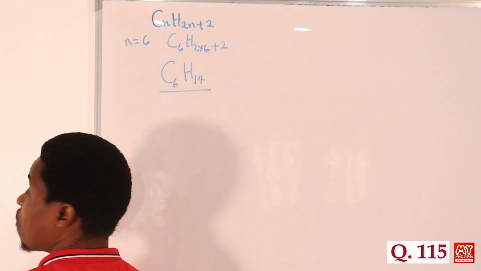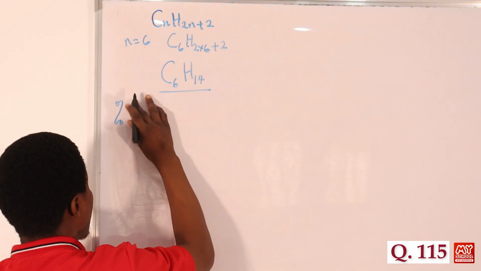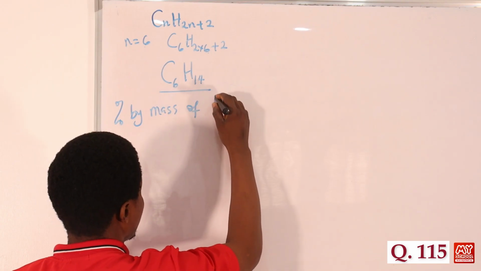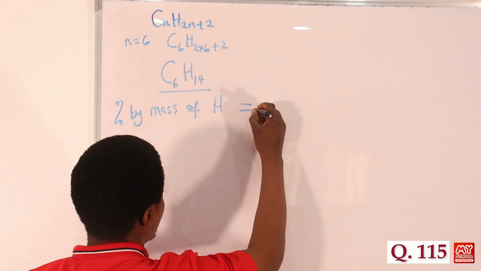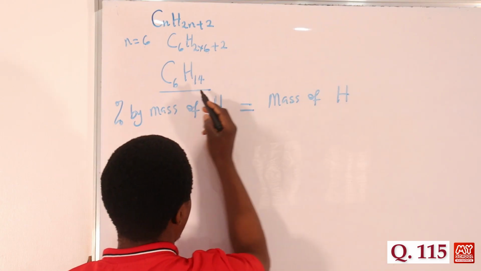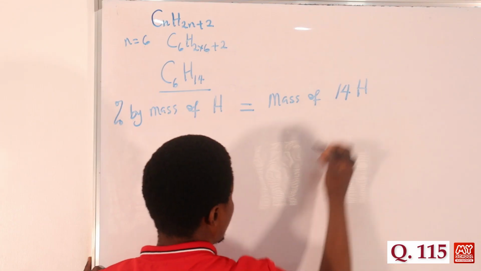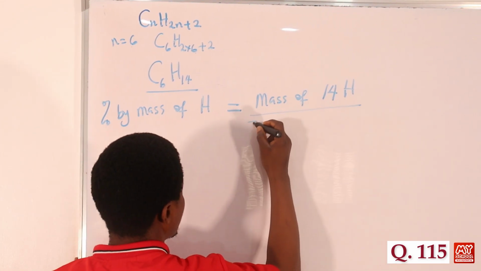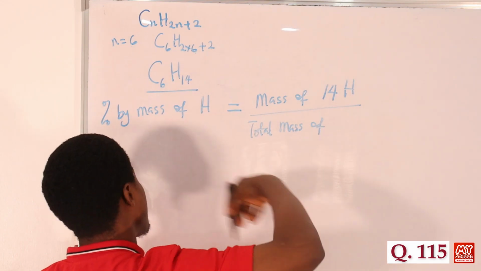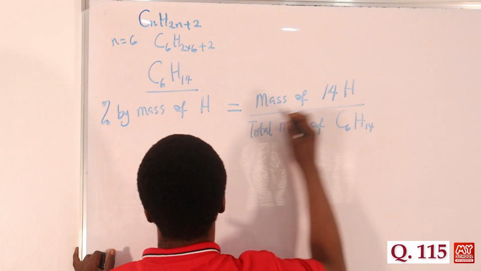So we're told to find the percentage of hydrogen in the sixth member, which means the percentage by mass of hydrogen in the compound will be equal to the mass of hydrogen over the total mass of the entire compound, C6H14, multiplied by 100 because we are finding the percentage.